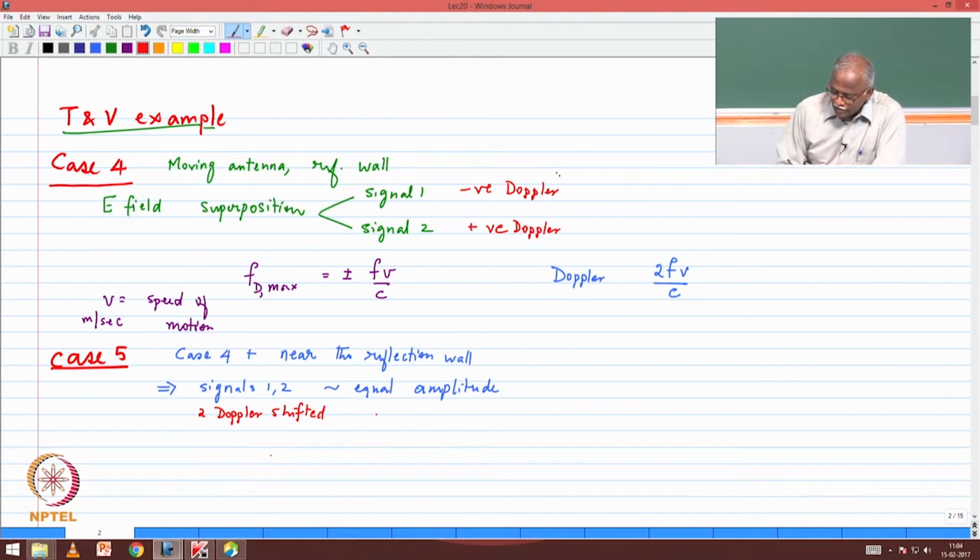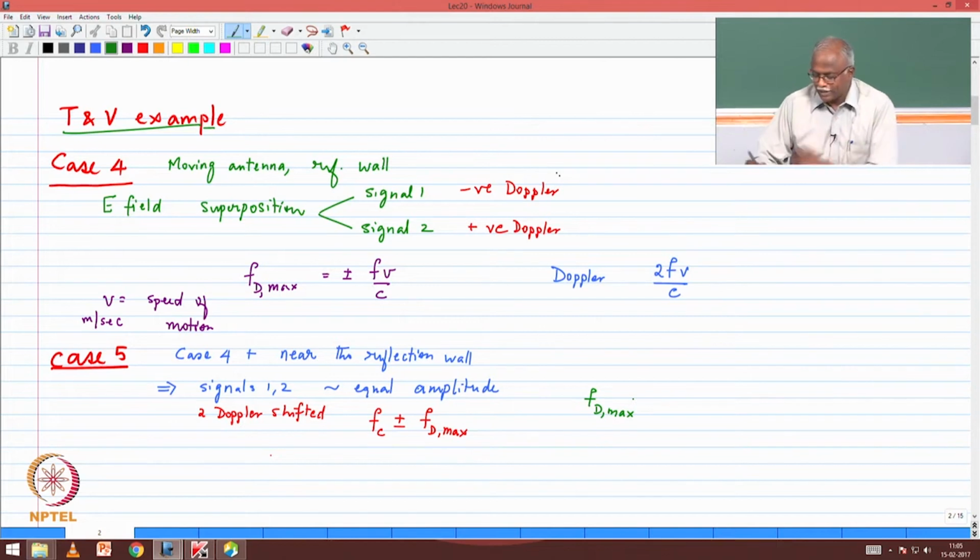The Doppler shifted versions will be FC plus or minus FD max. We also showed through a numerical example that FD max in most of the cases that we encounter is substantially less than FC. So what we have is a superposition of 2 sinusoids that are very close in frequency.